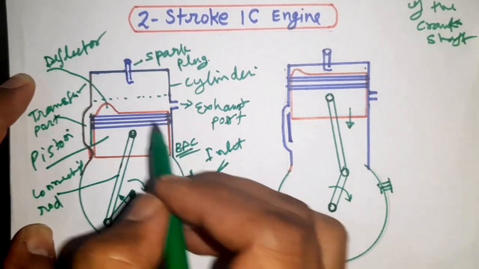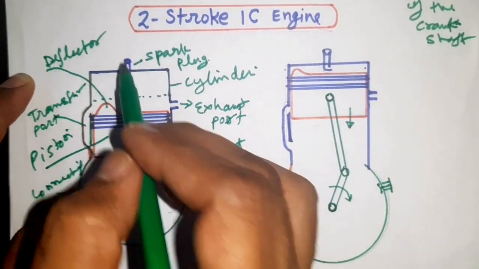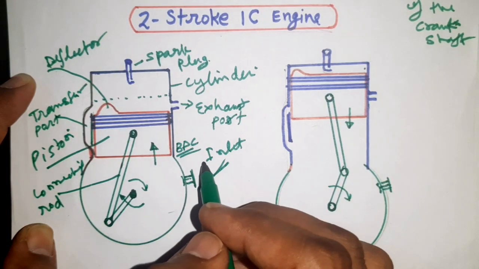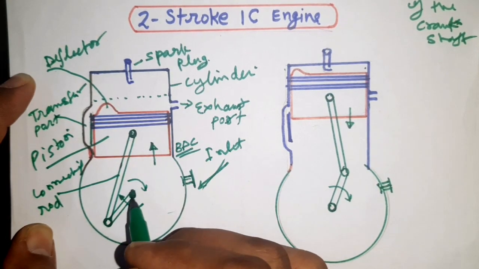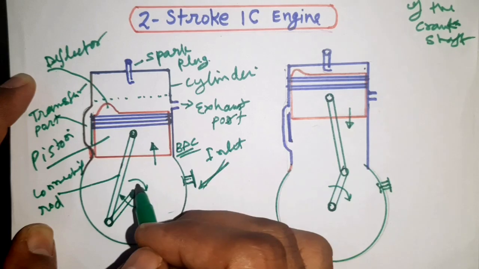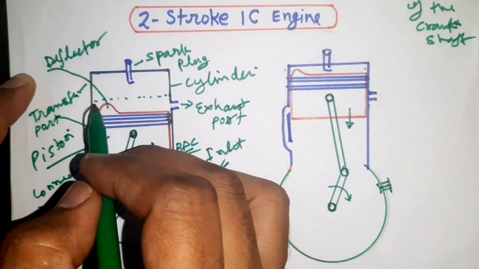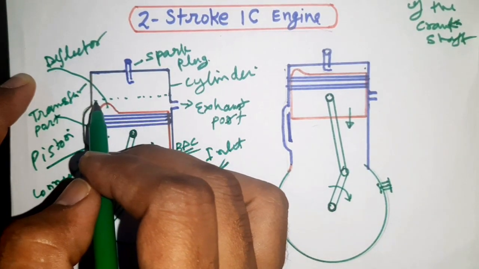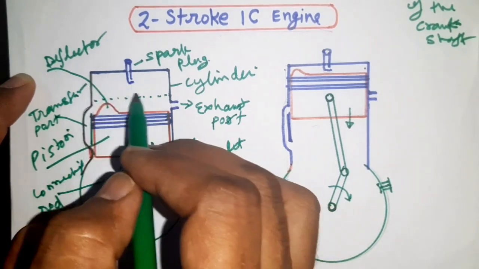When the piston is moving upward, the air-fuel mixture is sucked from the inlet and filled in this casing, while in the top direction the compression of the air-fuel mixture is taking place.